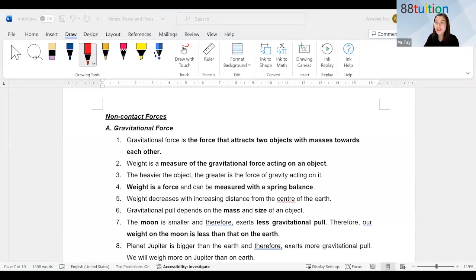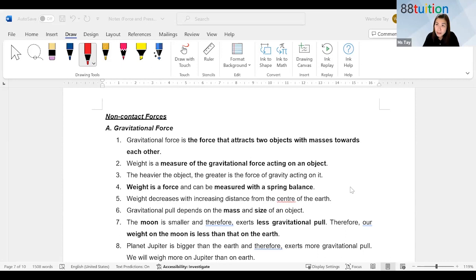What is weight? Weight is a measure of the gravitational force acting on an object. So the heavier the object, the greater is the force of gravity acting on it.